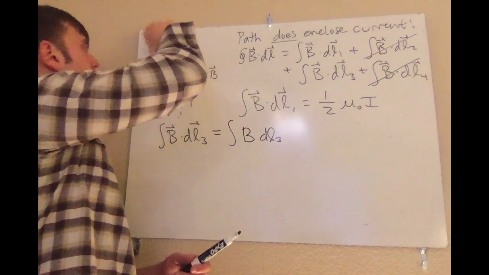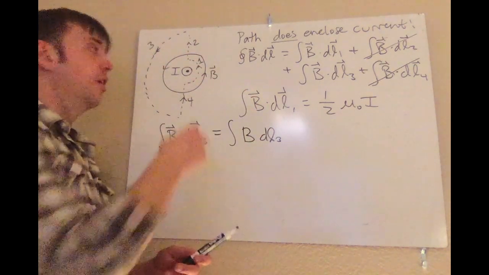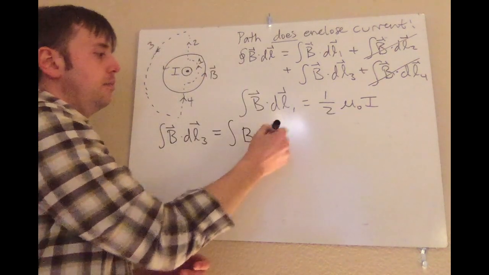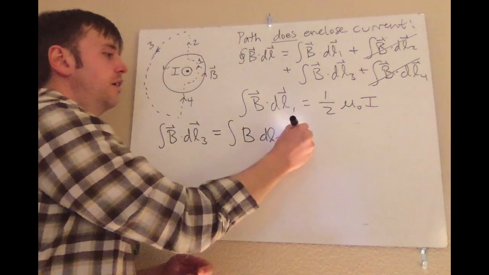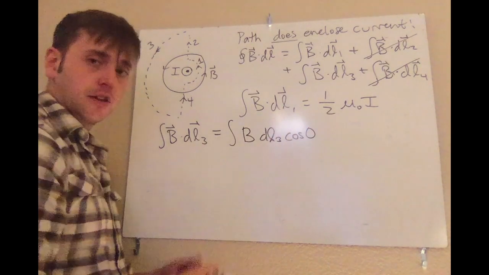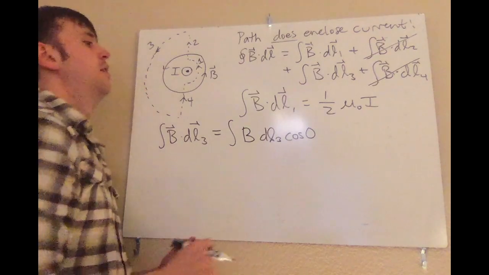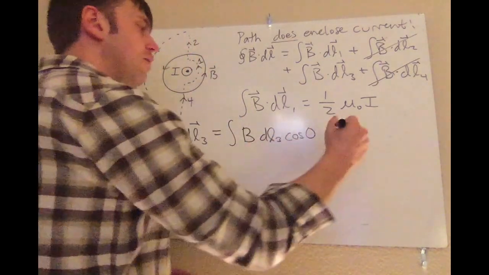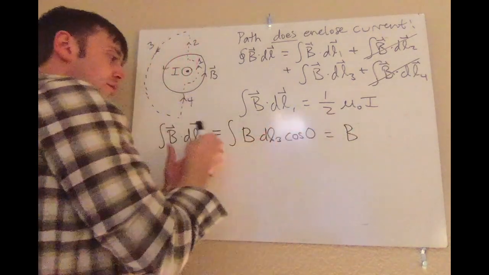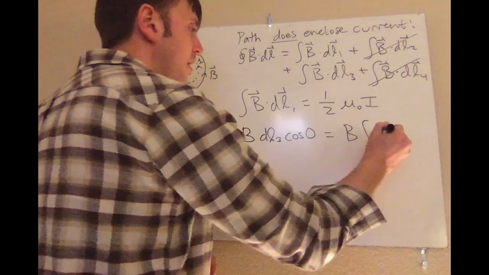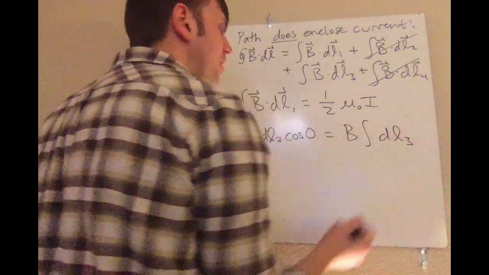My path, number 3, is also going counterclockwise. In other words, the B field and my path are going the same direction. So the cosine of 0 is what we put for this dot product for 2 vectors that are parallel, going the same way. Cosine of 0 is 1. The B field, as before, is uniform. It's constant over the path, so we can pull that out. And now we have dl3 on the inside.